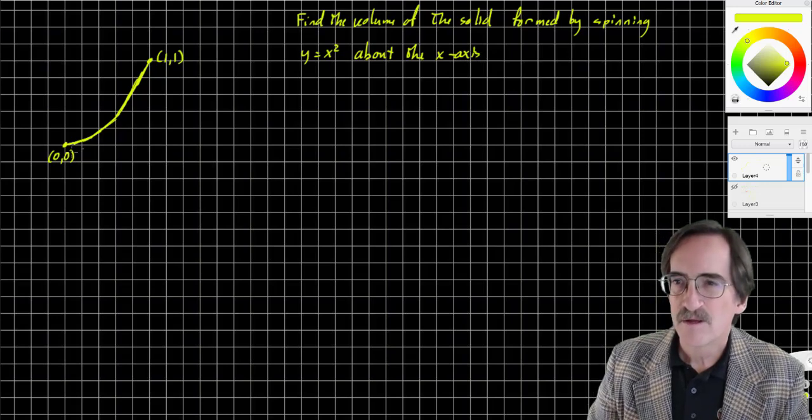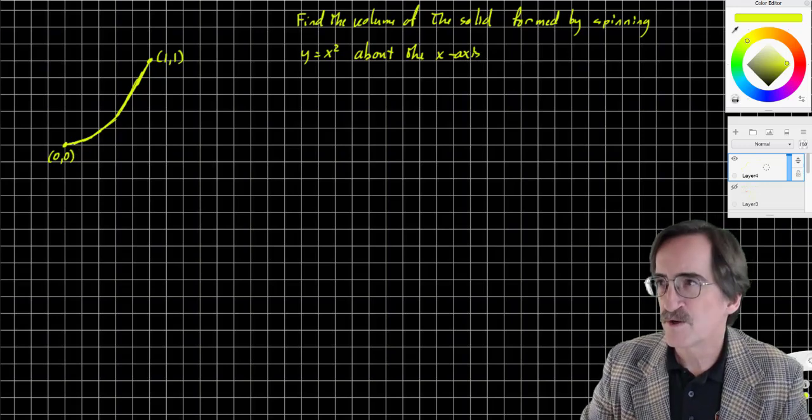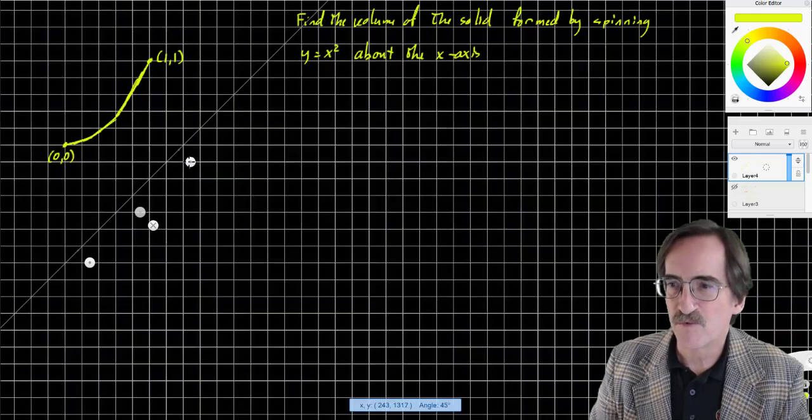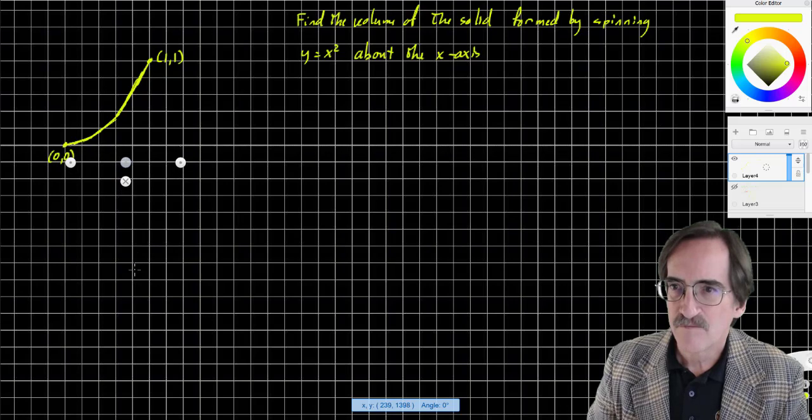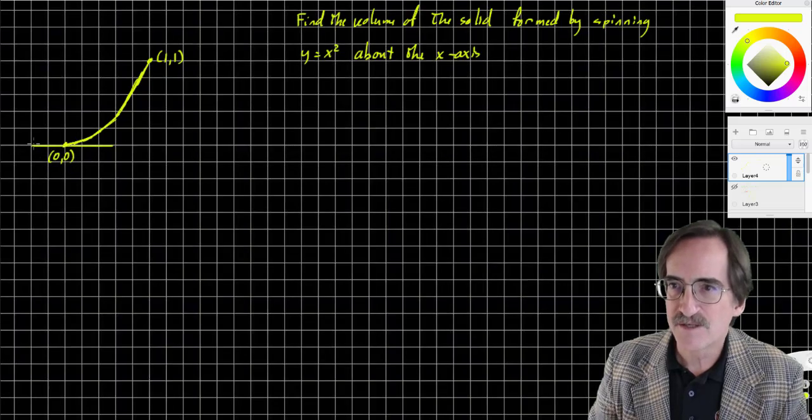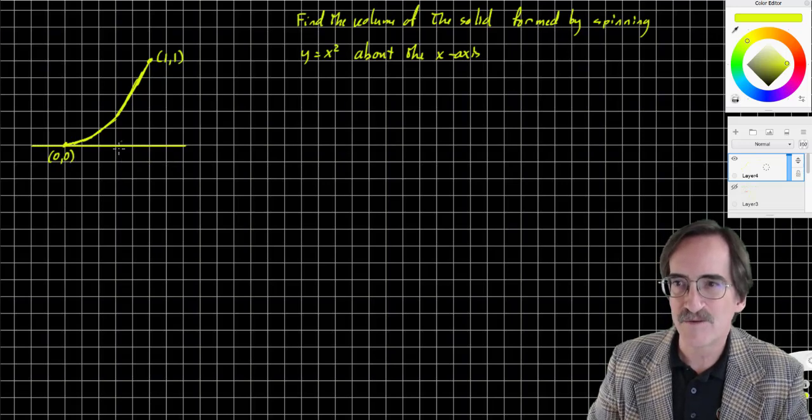So what's going to happen here is we're going to imagine, if you will, putting this x-axis line in a drill chuck and spinning it.